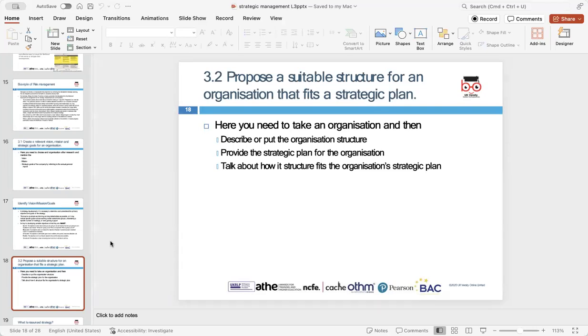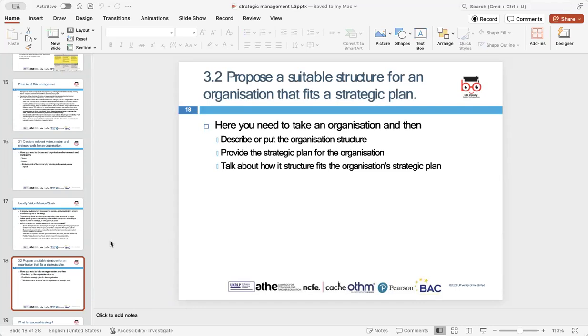In contrast, a matrix structure combines functional and product-based structures, allowing for more flexibility and cross-functional collaboration. This is often seen in companies that work on multiple projects and need to allocate resources across different departments.